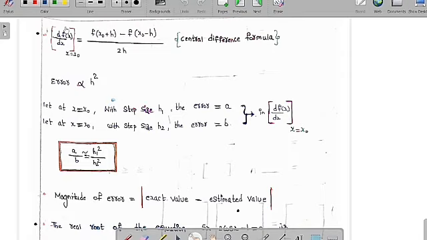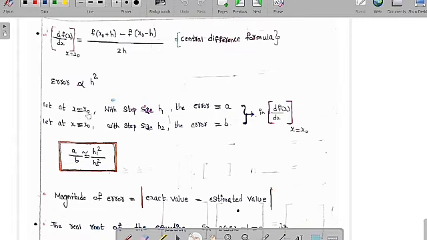But here the error will always be directly proportional to h square. I have already told you that the truncation error for the trapezoidal rule is directly proportional to h square, whereas the truncation error for Simpson's rule is directly proportional to h to the power of 4. So let at x is equal to x0 with step size h1, the error is equal to a.